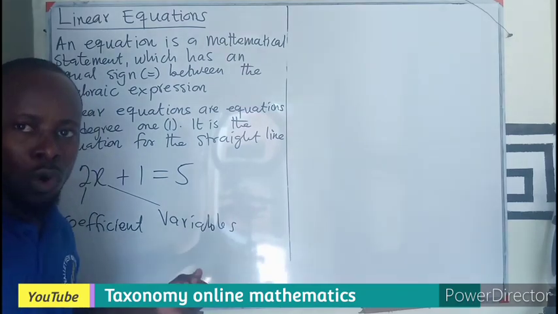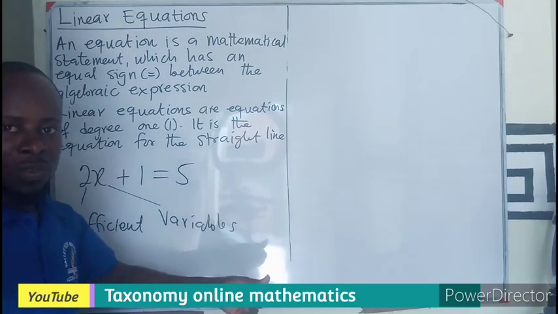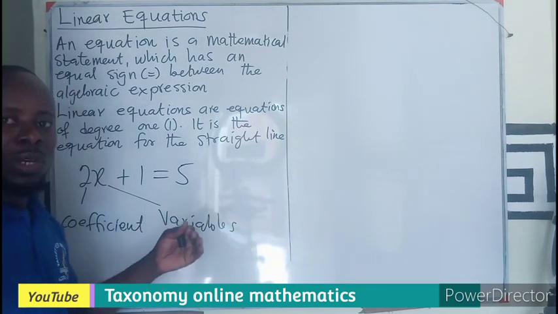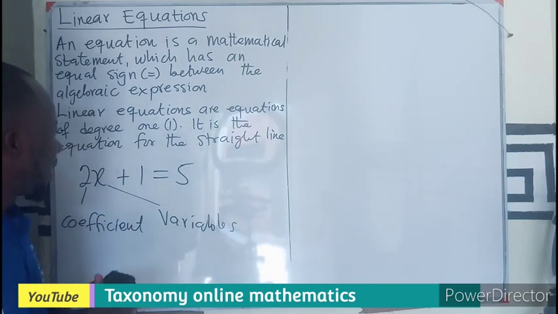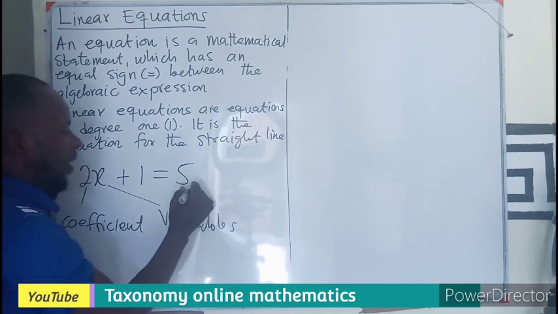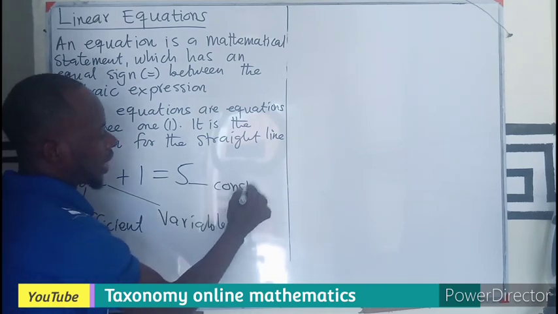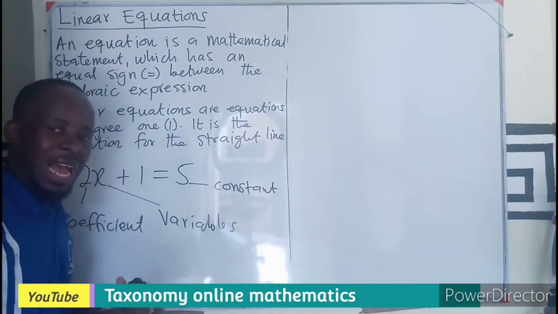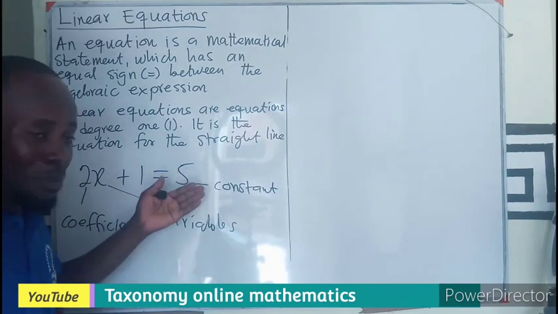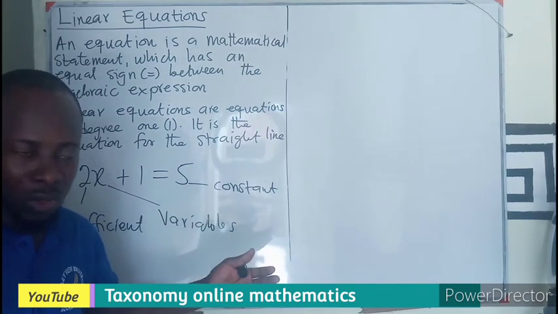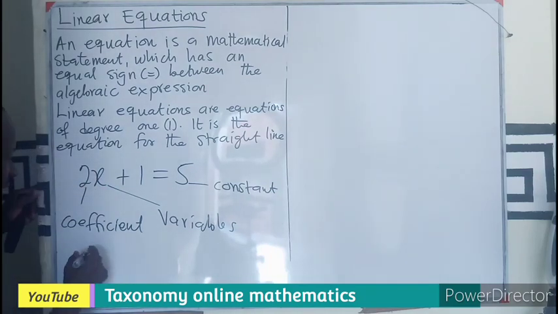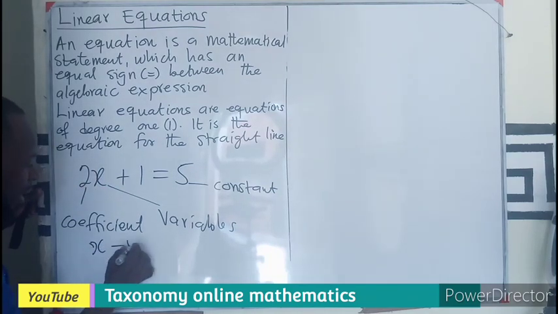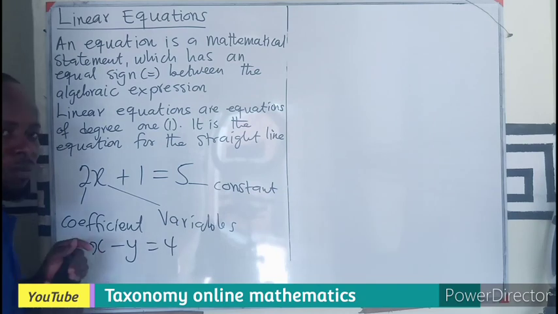They are the unknown quantity to be determined, or the unknown quantity that makes the statement true. Then this 1 and 5 is what we call constants. They are numbers without variables. So any equation that you have, it could be x minus y equals 4.